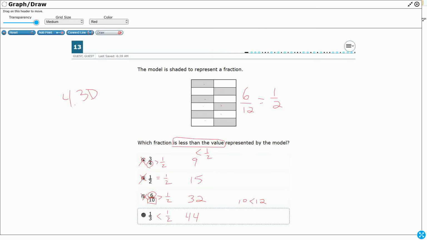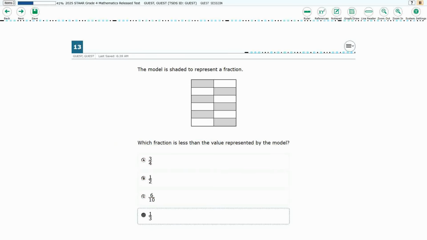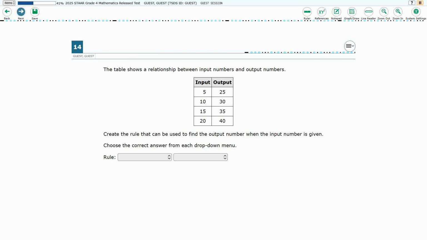What we don't realize is that as your denominator gets smaller, each piece gets larger. And so 6 pieces out of 10 is larger than 6 pieces out of 12. So there's just a little bit of miscommunication or misconception there for our students. And this was definitely on the harder side. This was actually tied for our 7th most difficult item on the test. It's one in which our students need some additional practice.